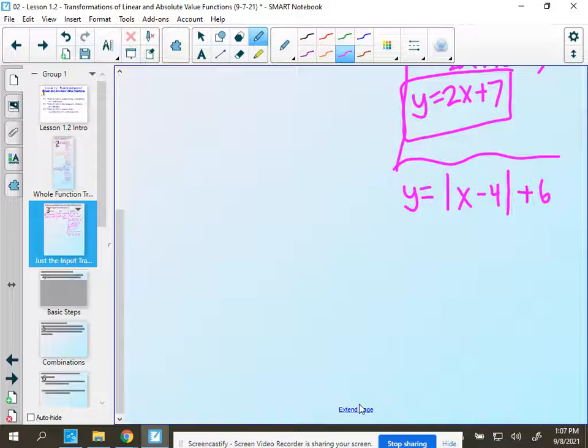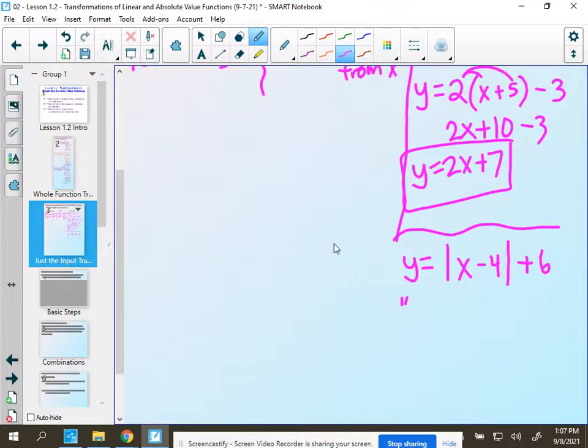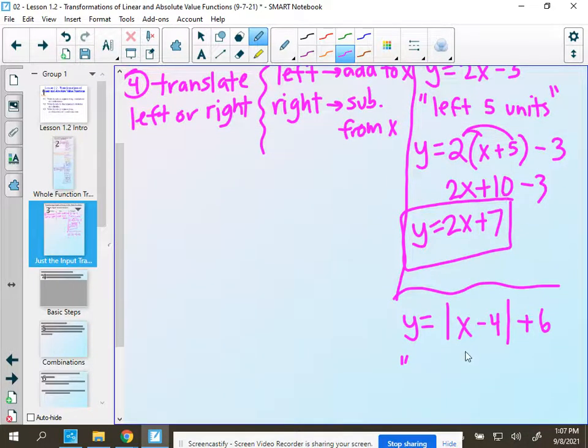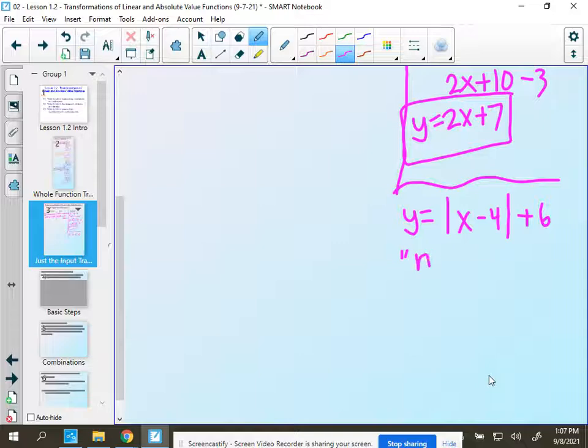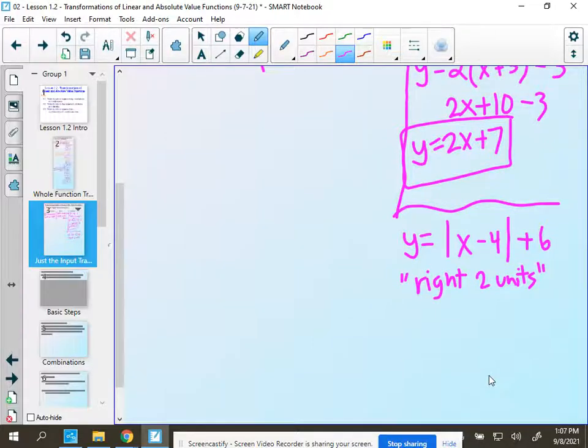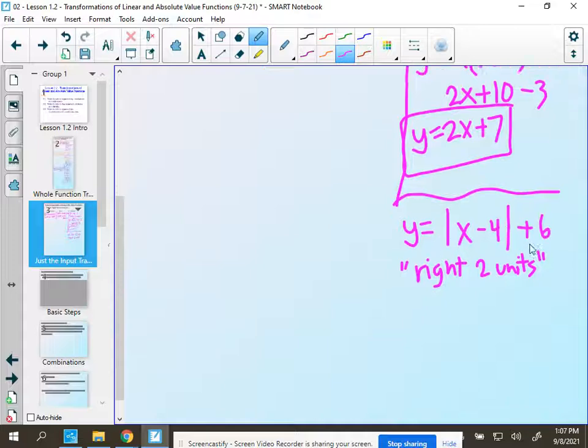Okay, and then we want to take this and translate. Let's do a little bit different. What did we do in the last one? We went left 5, so let's take this one right 2 units. Okay, slide this whole function to the right 2 units.